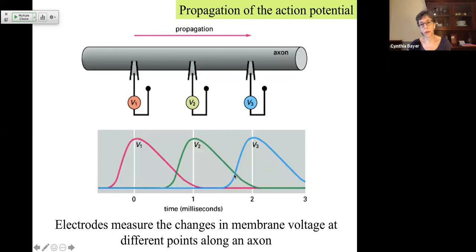Once it falls here, this falling phase will then stimulate another threshold potential that will cause another sodium ion channel a little bit farther to the right to open up.